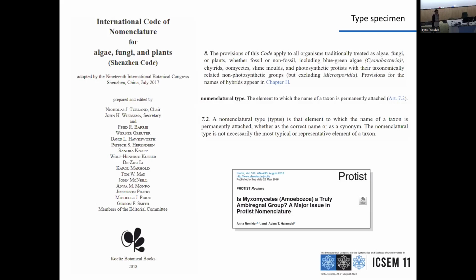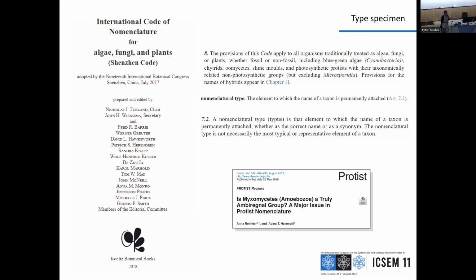If you are more interested in problems of nomenclature of myxomycetes, you can go to our paper published a few years ago together with my colleague Adam Halamski. In this paper, we explain why myxomycetes shouldn't go under the provision of the zoological code.